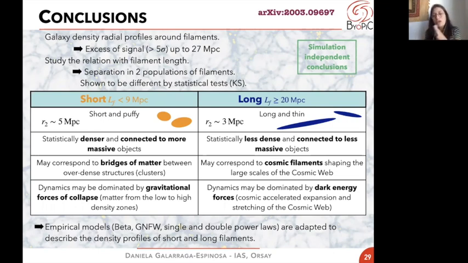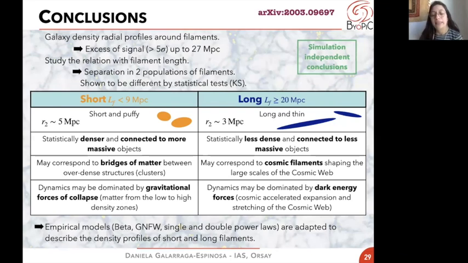On the contrary, long filaments are very long and thin, they are less dense, and they are connected to less massive objects. These are the filaments that may correspond to the cosmic large-scale filaments when we think about the cosmic web.